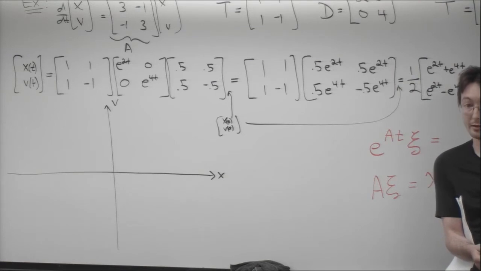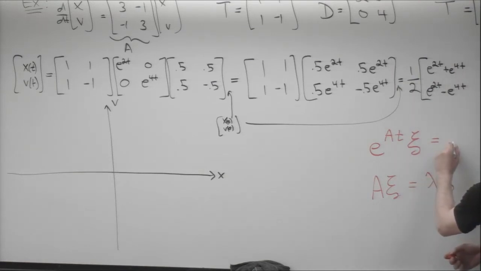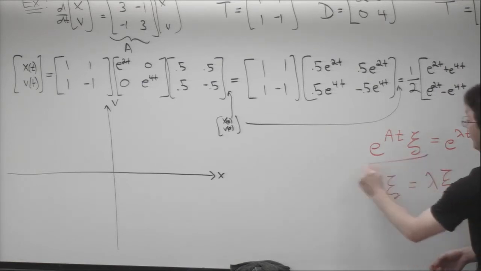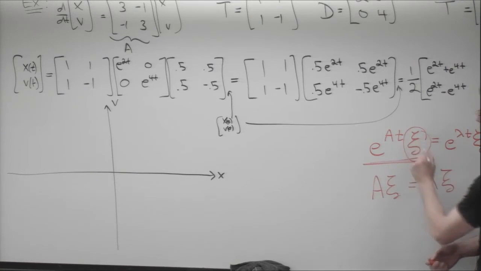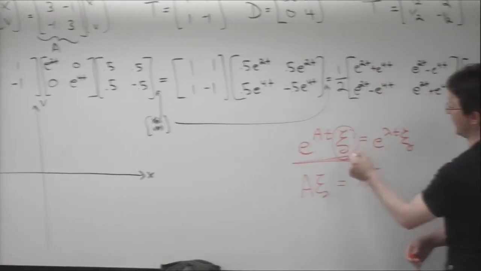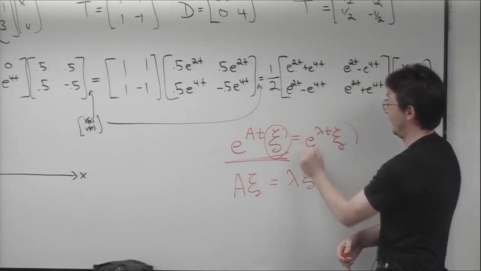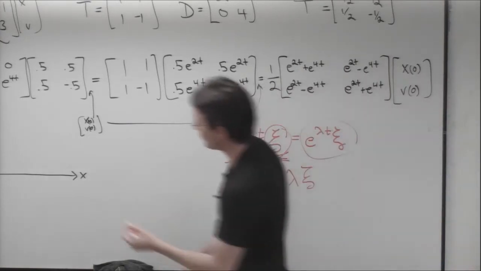That Taylor series we wrote down. So this equals e to the lambda t in the same direction of xc. So if I started with an initial condition in the xc direction, so if x naught was in the xc direction, my solution would always stay in that xc direction.